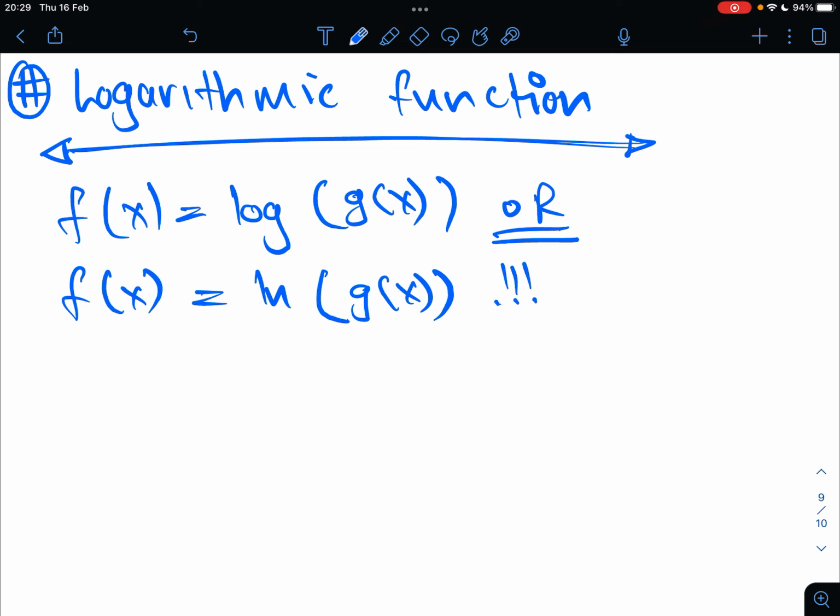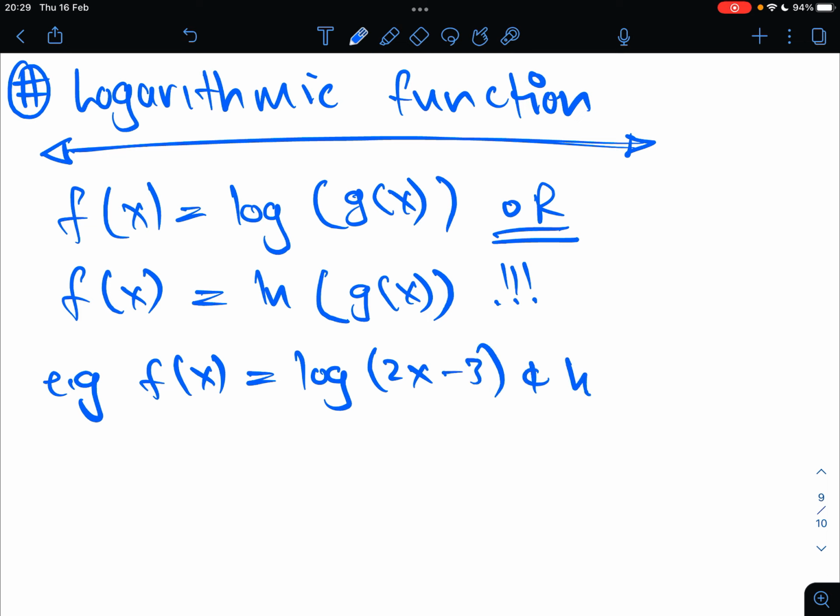So that's what a logarithmic function is. Examples of logarithmic functions are f of x is equal to log of 2x minus 3, and h of x is equal to ln of x minus 5.